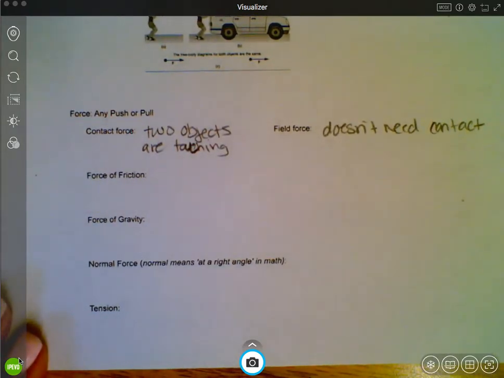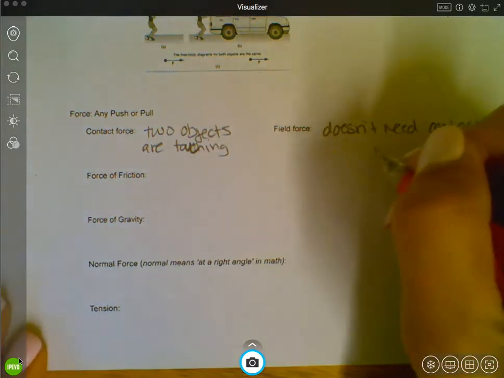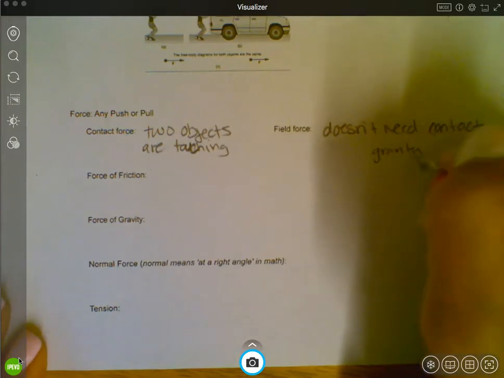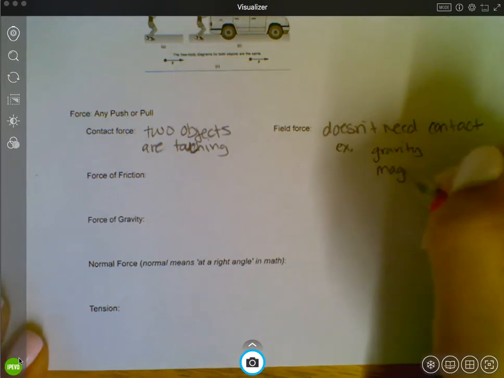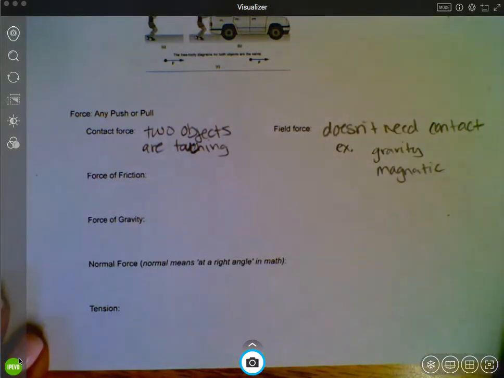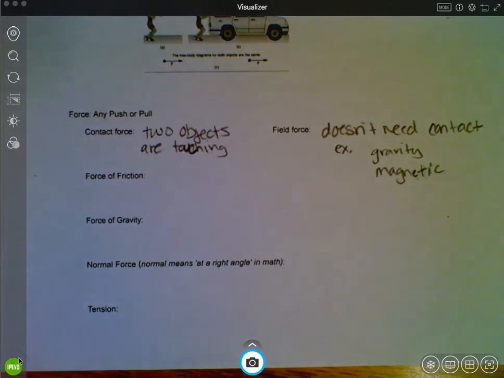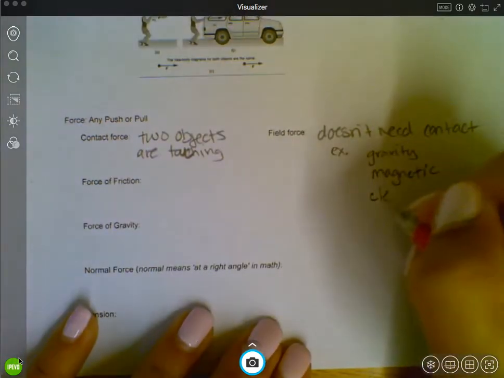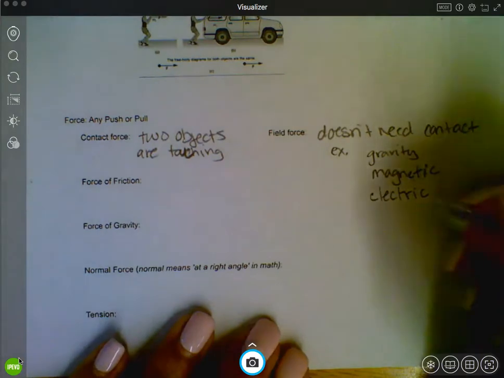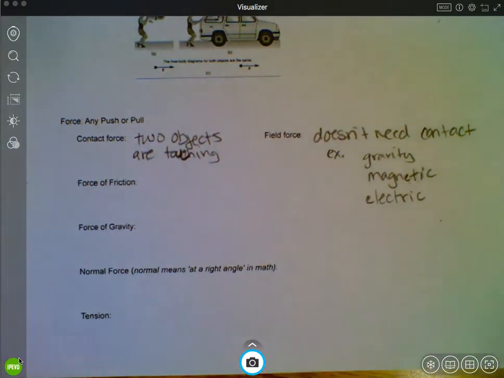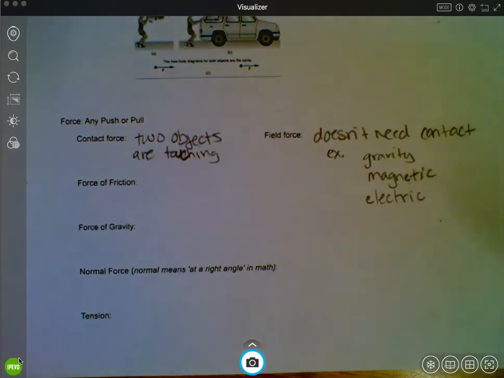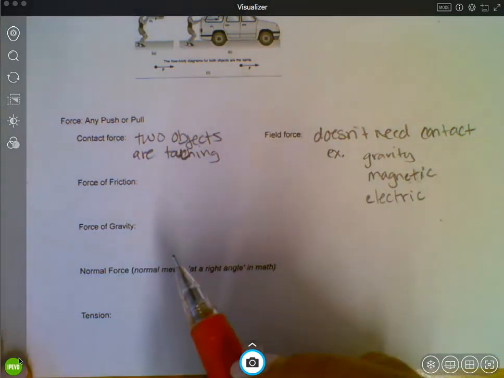Gravity doesn't touch you, but it pulls you downward. Other examples would be a magnetic force and an electric force. We won't deal with magnetic or electric forces until the last unit of the year. So really you're only worried about gravity as the only field force that we are going to worry about for now.